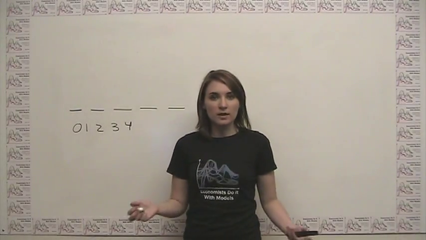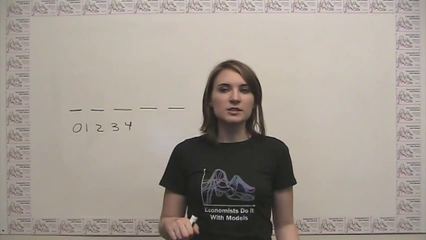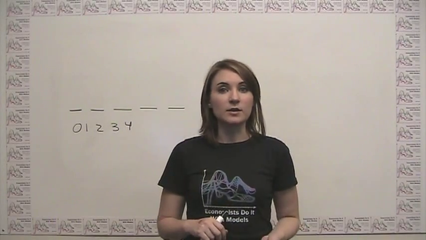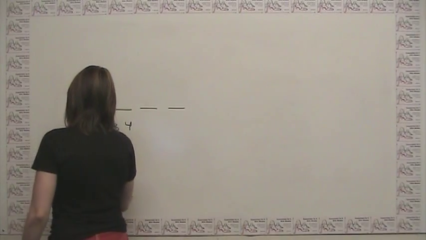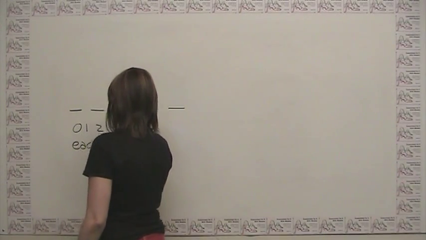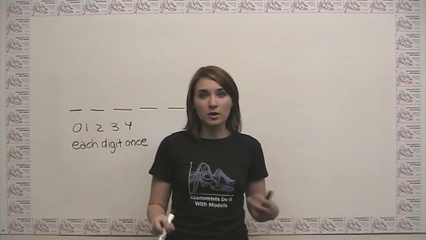Still doesn't tell us a whole lot about what's going on. The second rule says each digit occurs exactly once in any code. Okay. So we can say each digit once. Again, not really sure where to go with that up front.